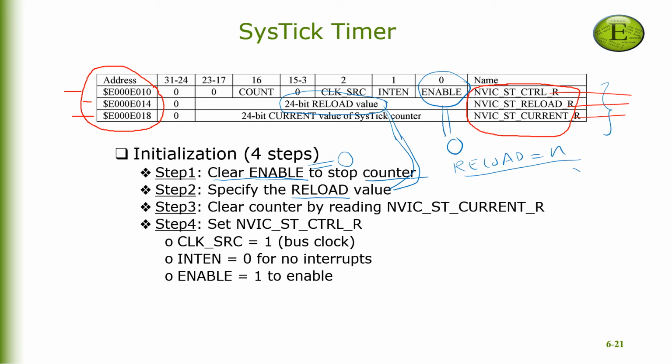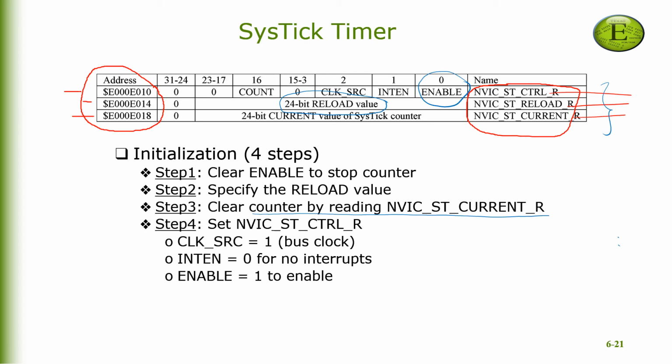The moment it starts running, in the next clock cycle, it is going to decrement to n-1, n-2, and so on. So the reload value has been updated in step number 2. After that, by the way, the timer is still in the configuration phase, and we haven't allowed it to start ticking yet. Therefore, we proceed to the remainder of the configuration. Step number 3. The current.